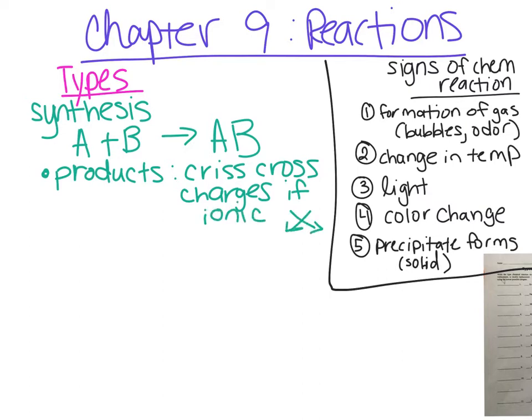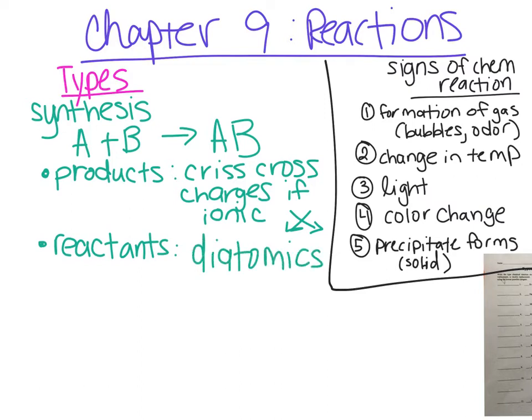So that's where you take your positive this, negative that, crisscross them to make your subscripts. So when you're forming the product, you're making sure you're respecting the fact that they have to combine in a certain ratio as ionic substances. Okay? If you're trying to figure out your reactants, you need to be remembering your diatomics. Those show up a lot.